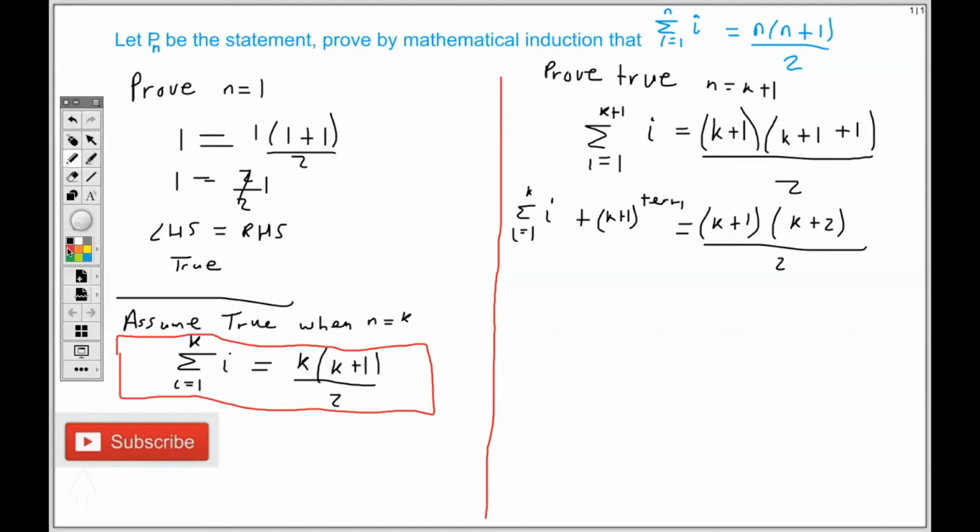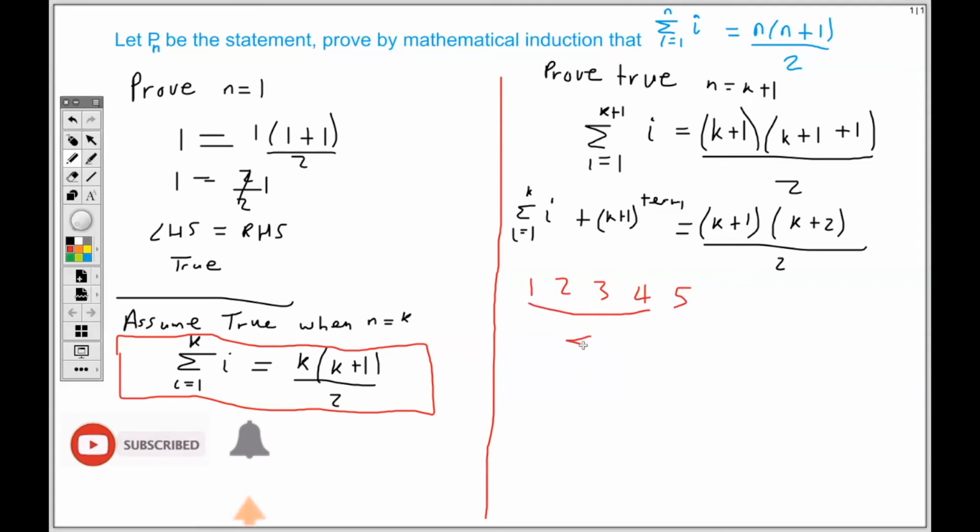Let me explain using numbers. Say I have the numbers 1, 2, 3, 4, 5, and I want to sum from 1 to 4. So the summation, the lower limit, I'll start at 1 and I'll stop at 4, plus the fifth term. Well, this is saying the same thing as above.